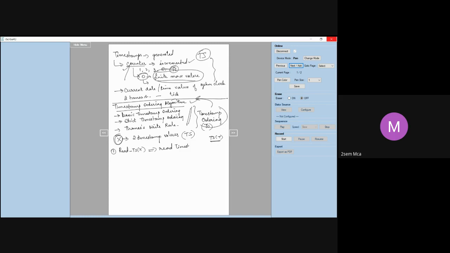Now every database item is associated with two timestamp values.